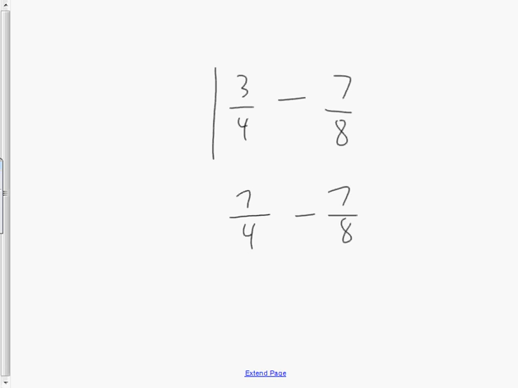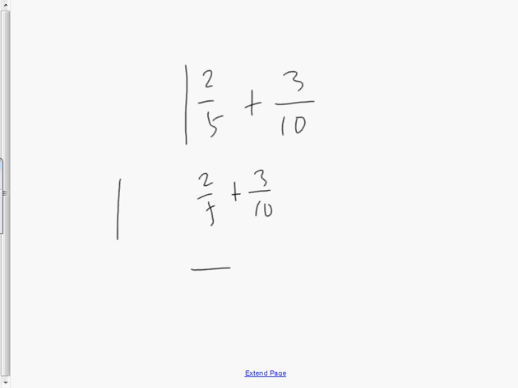And then I'm going to say, this one looks much easier. So now I'm simply going to change to common denominators of 8. This would be 14/8 and 7/8. Subtract your numerators and keep your denominator. My answer will be 7/8. So the answer for question number 26 is 7/8.